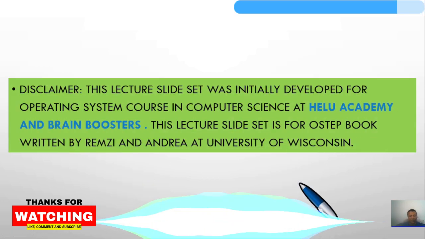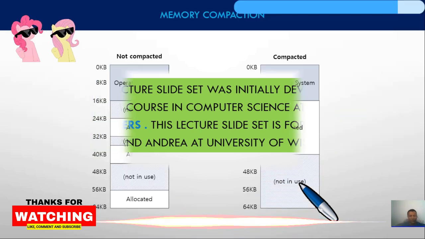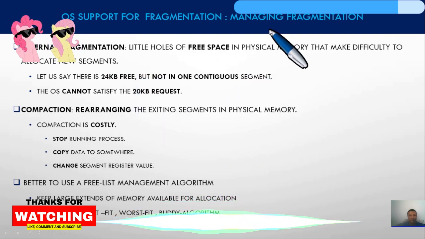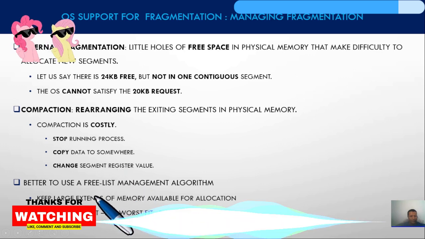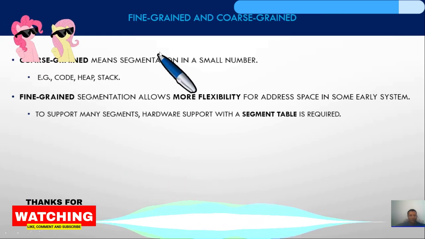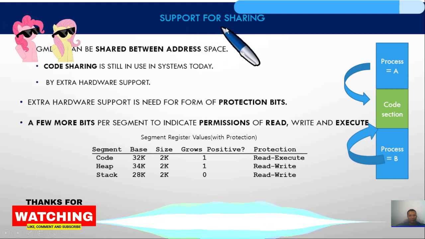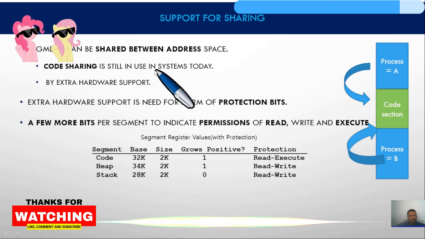So in a nutshell, that was chapter 3 of the book. We have seen memory compaction, managing fragmentation like free list management algorithms, what fine-grained and coarse-grained are, and support for sharing, what memory sharing is.